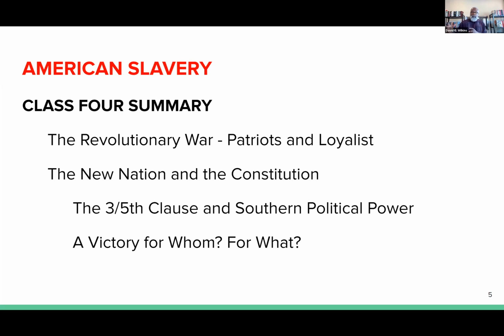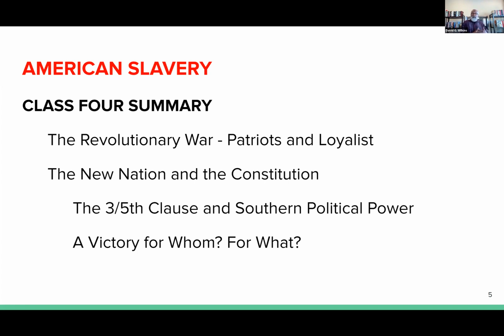The British were, as we learned, Lord Dunmore's proclamation, which promised freedom to any enslaved person or person of color who chose to fight for the British. And we would see ultimately 3,000 to 4,000 people of color leave the colonies after the British are defeated and would move to Canada and start new lives.